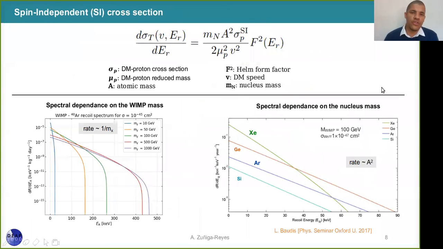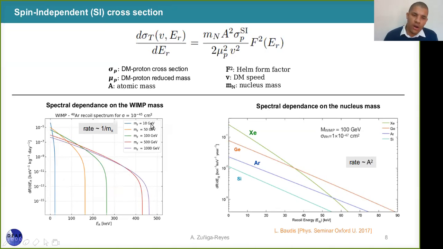But now let me show the classical spin-independent cross section that is used by the direct detection experiments. As you can see, it's pretty simple. It depends on different parameters like the form factor, the velocity, the atomic mass, and so on. And following the traditional approach, we observe that the recoil spectrum depends on the WIMP mass, as you can see on the left plot.